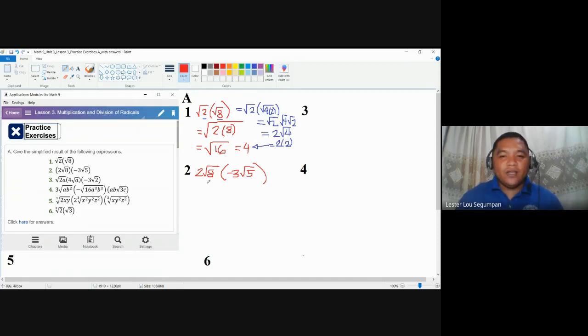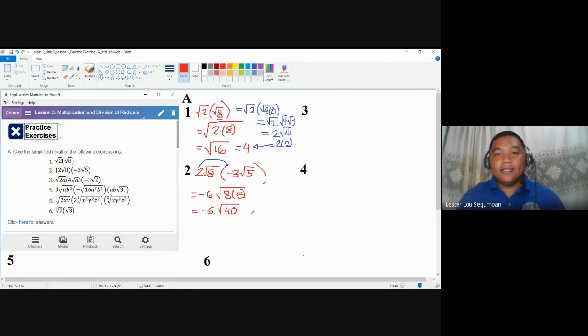In short, we multiply 2 and negative 3, that is negative 6. And then, since the radical expressions have the same indices, you simply say square root of 8 times 5, which is negative 6 square root of 40.